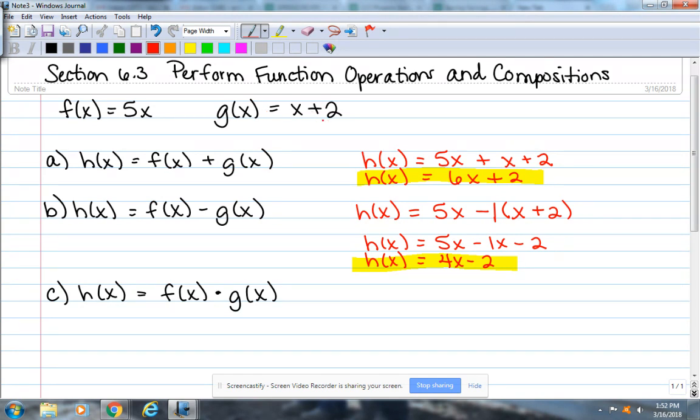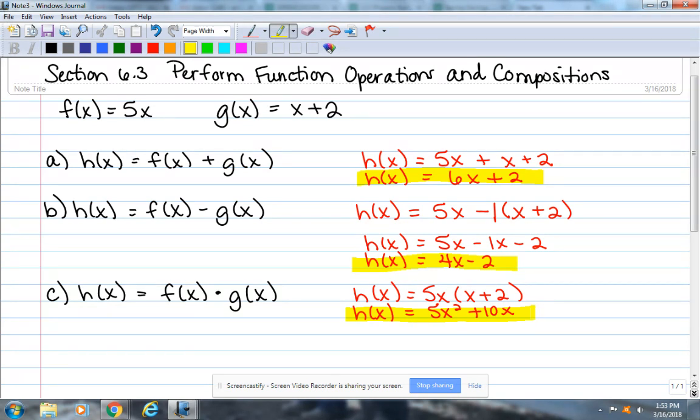Yeah, and I'm going to use parentheses. So h of x equals 5x times x plus 2. And I just distribute, don't I? Yeah. So h of x will equal, what's 5x times x? 5x squared. What's 5x times 2? 10x. And there's my answer. Because they're not like terms.